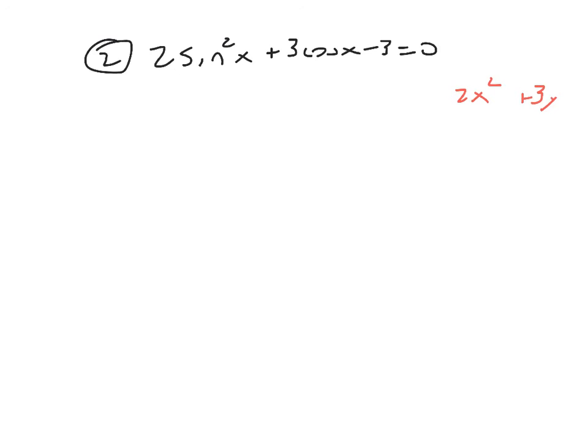So for question number 2, we're going to look at, well, what happens if it's 2 sine squared x plus 3 cosine x minus 3 equals 0. Now here's the difference. This would be like in Algebra 1 trying to solve 2x squared plus 3y minus 3.